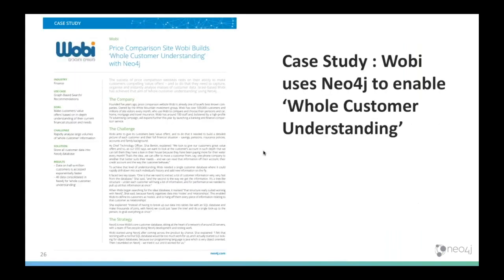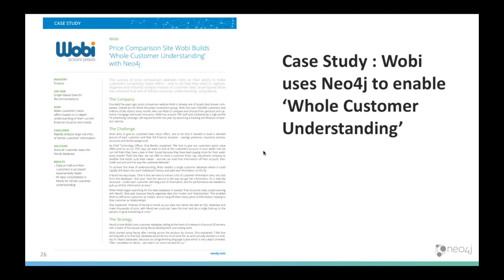And then finally, Wobi, which is maybe not a traditional retail company in the way we might think. It's a price comparison website. So they have used Neo4j to develop what they call whole customer understanding. So it's very similar to the customer 360 use case that we talked about. They take all the information they know about their customer, and this can even include how much they're spending every month on a water bill or an electric bill.